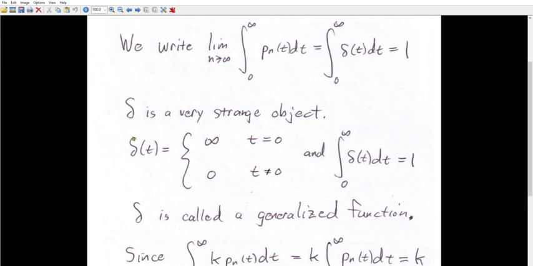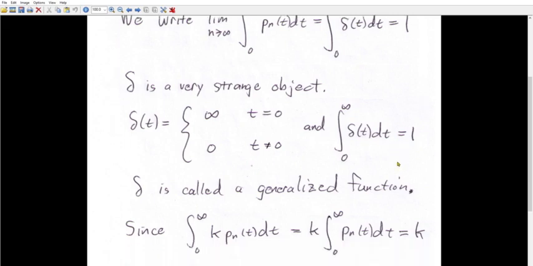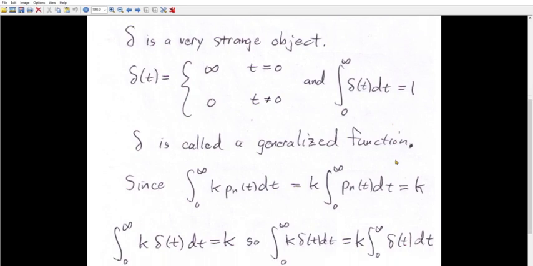Okay, so this thing right here is very strange in the sense that it's non-zero at a single point, and when you integrate it between 0 and infinity, you get 1. Now, this is not like any function we've ever seen, and it's not a standard function. It's called a generalized function.